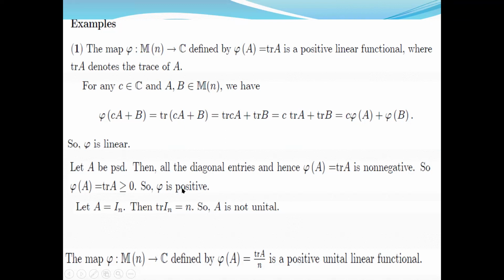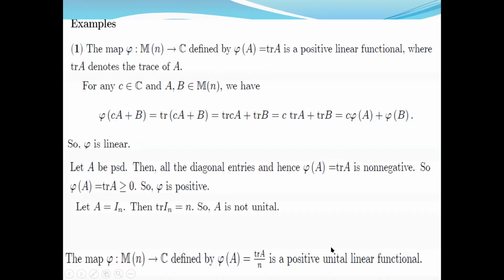So phi is positive. But if we take A to be the identity matrix, then the trace of the identity is n. So phi is not unital here. But if we define the map phi from Mn to C as phi(A) = trace(A)/n, then this is a positive unital linear functional.